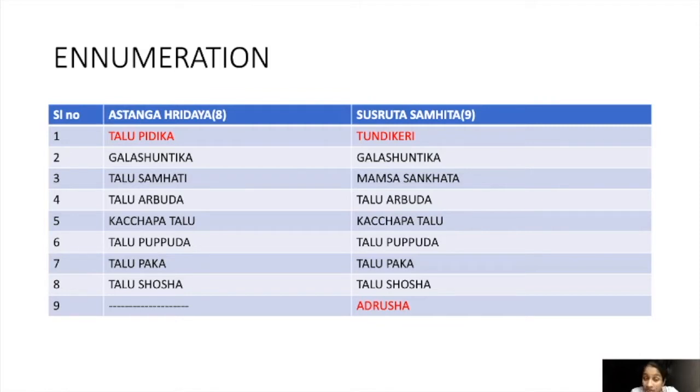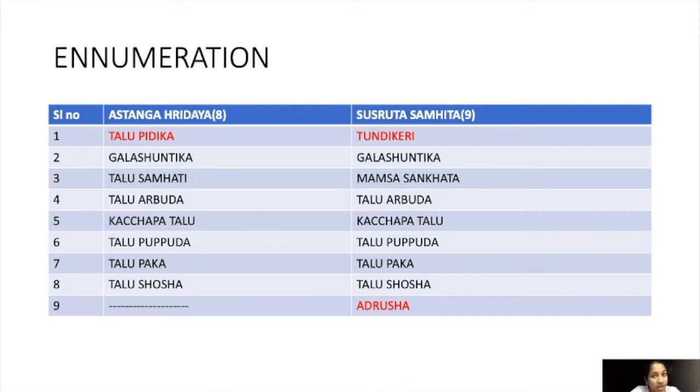Galashundika and Talu Samhati are called Mamsa Sankada according to Susruta Acharya. So only that is the difference. The name Talu Samhati is in Ashtanga Hridaya, and in Susruta Samhita, Susruta Acharya called it Talu Sankada. Hope you all understood the enumeration of Talu Roga.